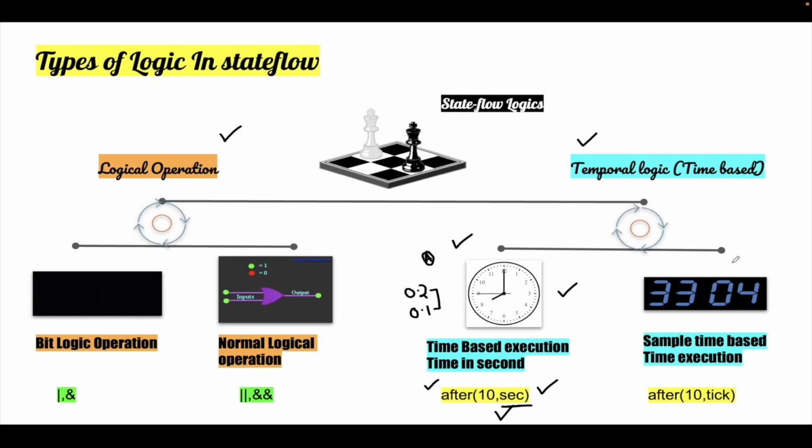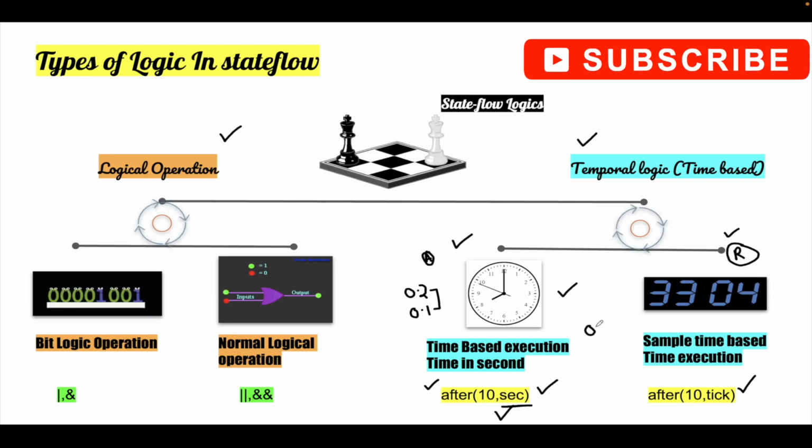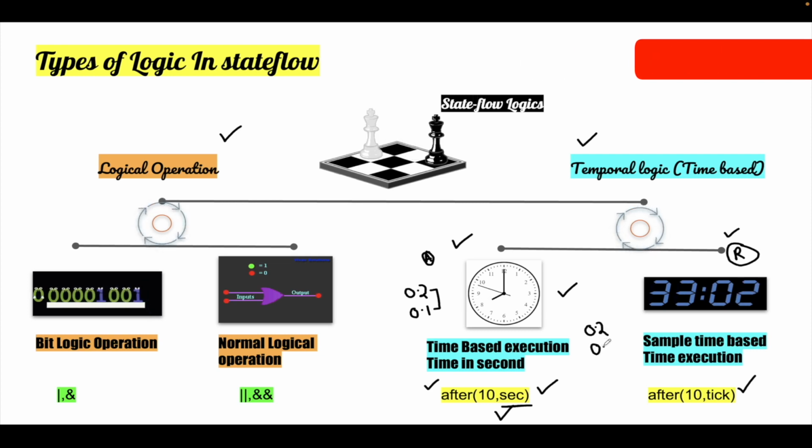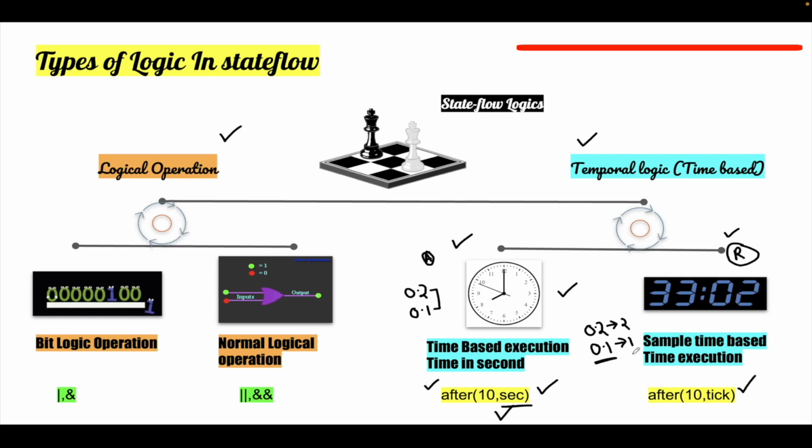There is one more type of temporal logic present in Stateflow, called tick based logic or sample time based logic. This is also called a relative time logic. Why is it called a relative time logic? If I have a model with sample time 0.2 and a model with sample time 0.1, then if I am using 10 ticks, it will be 2 seconds here and 1 second there. So if the models have different sample times, they will behave differently.